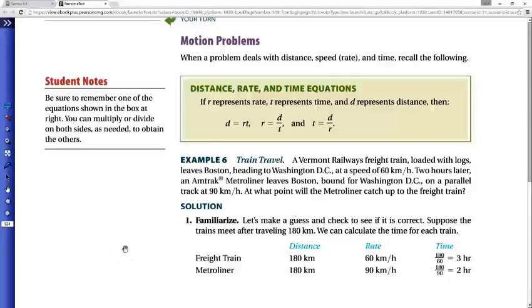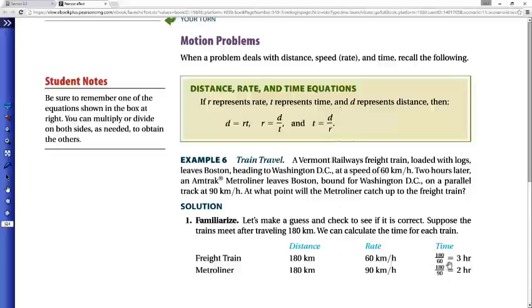Okay, so they say first familiarize, or we want to look at this. What do we know from what they've just told us? They say let's make a guess and check to see if it's correct. Suppose the trains meet after traveling 180 kilometers. We can calculate the time for each train. So in other words, they take this time formula. If we went 180 kilometers at this rate, you would divide by that rate, and that would be using this formula right here.